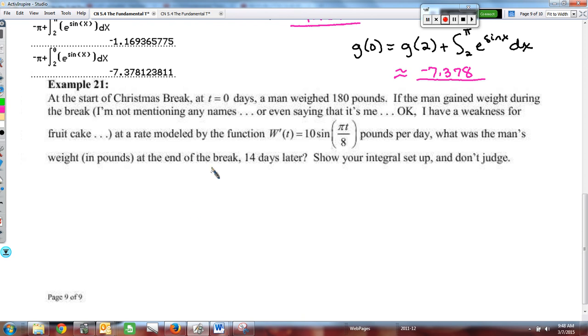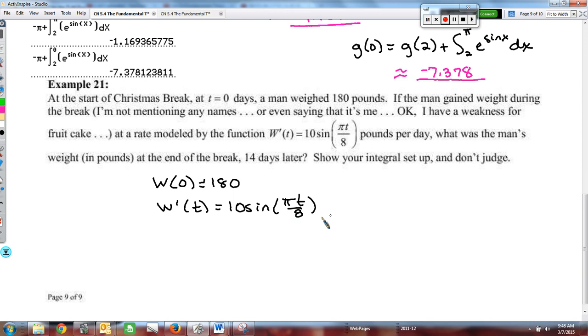So we're saying at the start of Christmas break, a man weighed 180 pounds. So his weight, W of 0, was 180 pounds at the start of Christmas break. We know that his rate function, he is accumulating at a rate of 10 sine pi t over 8 pounds per day.